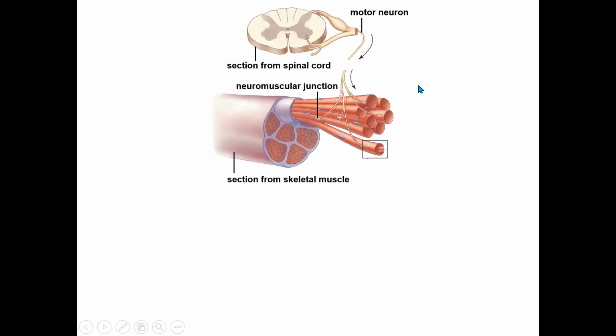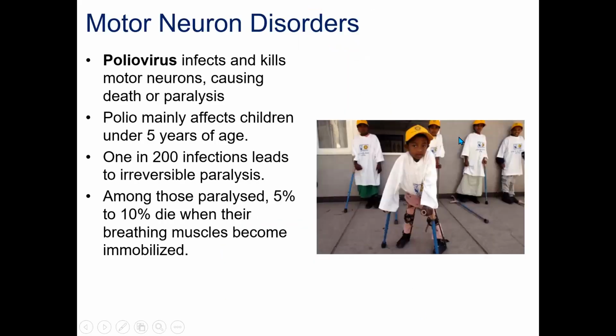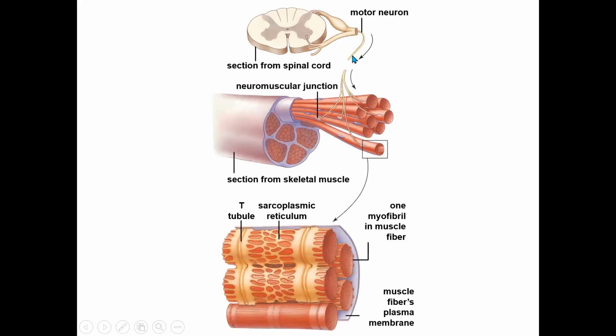What's going to happen, I'm just going to show the whole picture, is the motor neuron is actually going to make a synaptic connection with these muscle fibers inside the individual fascicle. I'm going to label some of these things for you. Remember, this PowerPoint is available on eCentennial. So this is a fascicle, and inside the fascicle is a bunch of muscle fibers.